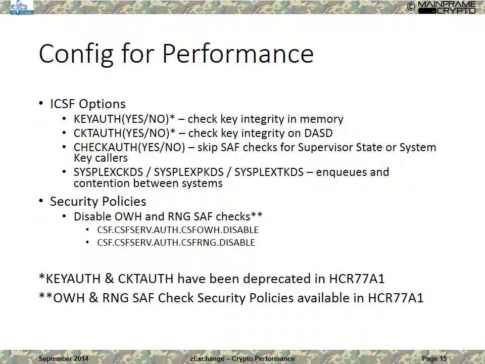If you got enough of them, you could bottle up the Crypto Express card. With HCR 7780, IBM changed the way the random number generator works. And what they do now is they provide a cache of random numbers. So as soon as ICSF comes up, it will start making calls to the Crypto Express card, creating random numbers, and then putting those into a cache.